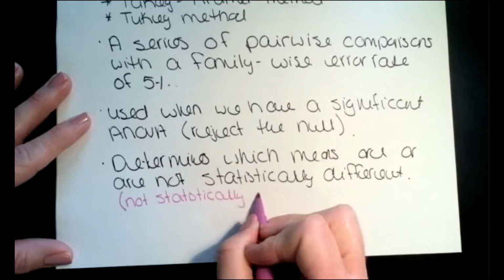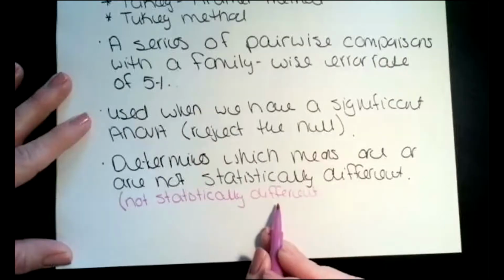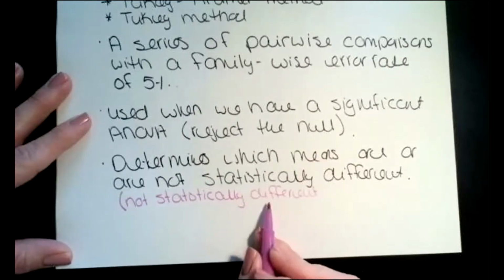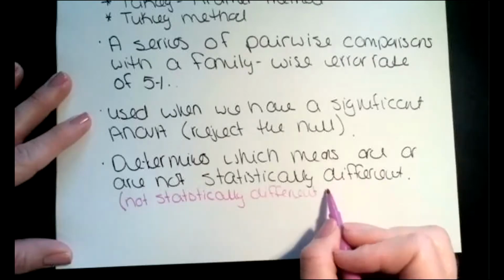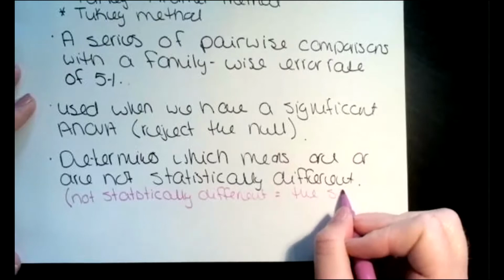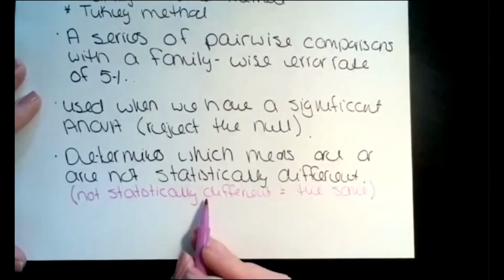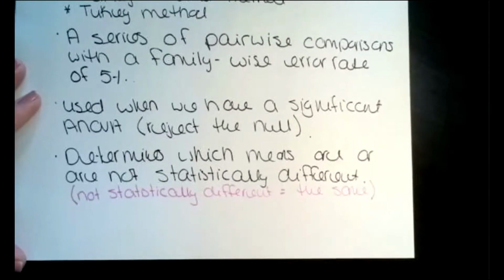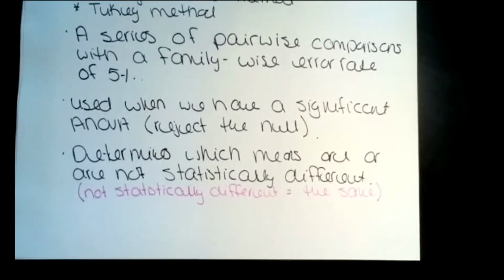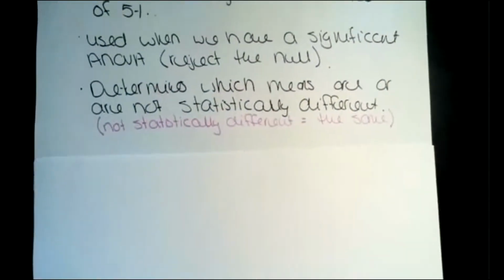It's like a double negative. So if it's statistically different, we're saying that it's different. If it's not different, then it means statistically the same. So I just like to mention that. Not statistically different means the same, that they are the same. It's just a double negative and sometimes it gets a little confusing when we're looking at that.